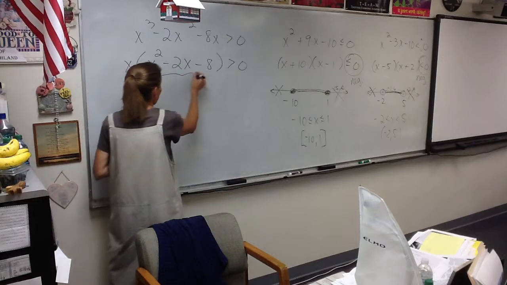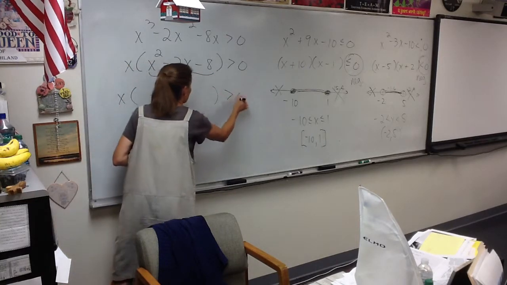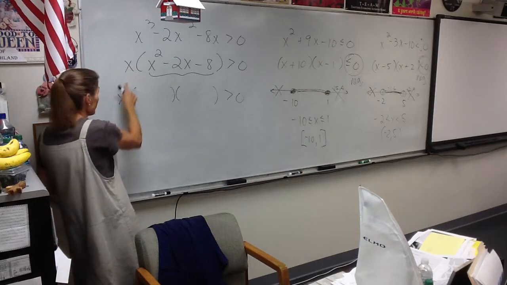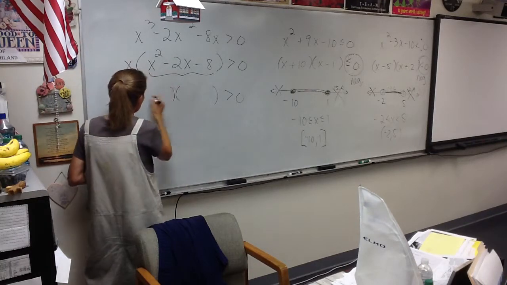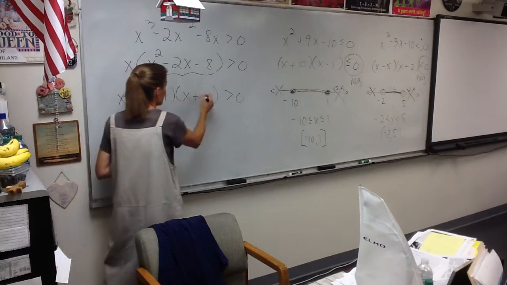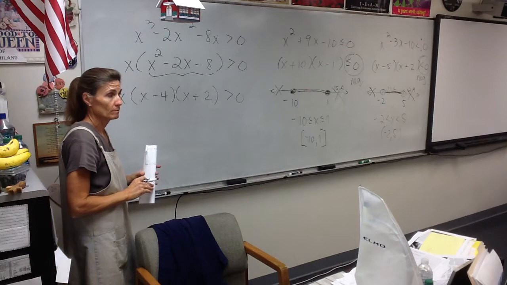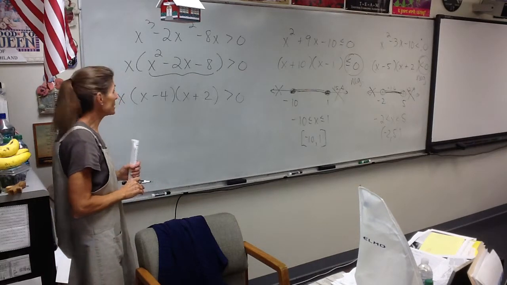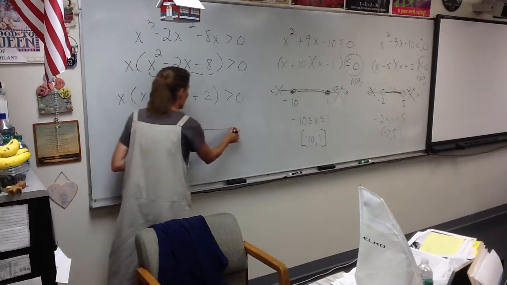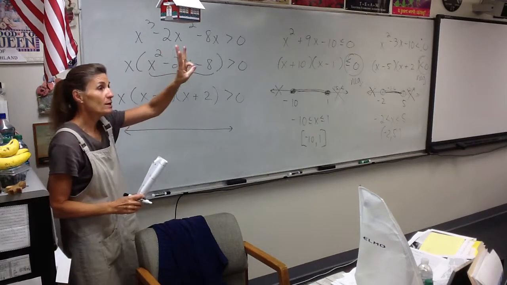Now, does this part factor? Notice I'm bringing my X along for the ride. How does this factor? 4 and 2. Minus 4 plus 2? Now what's going to be different? Here's my number line, but what's going to be different this time? You're gonna have 3. I'm going to have 3 dots.